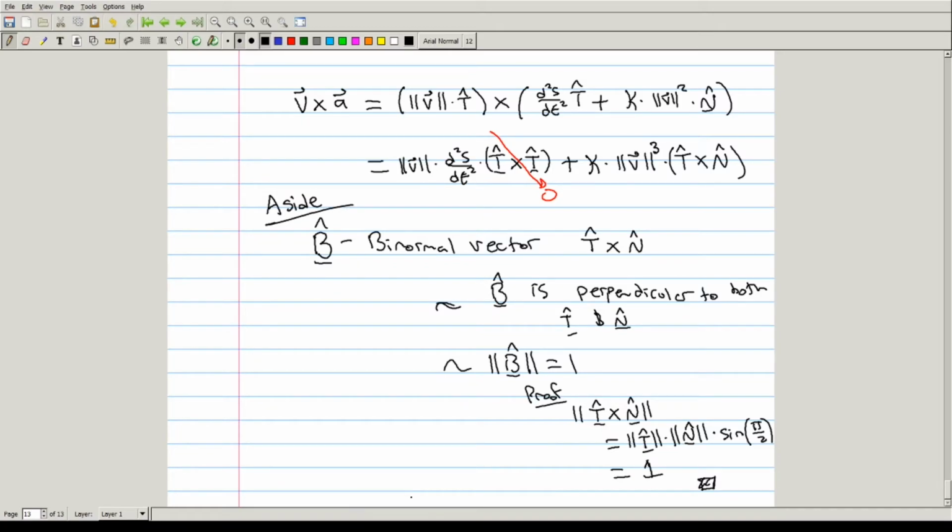So let me show you that binormal vector itself, back on the helix example, because we want to see that this is in fact giving us exactly what we would expect. The binormal vector is this blue vector right here. You see it's perpendicular to both the tangent vector and the normal vector.